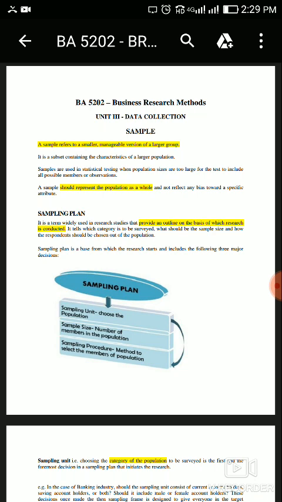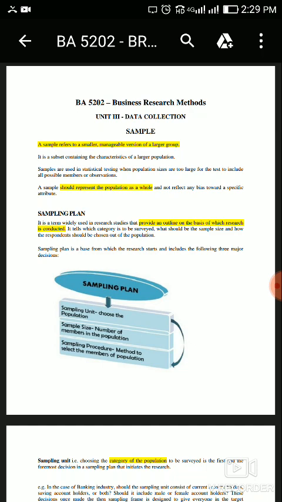Before entering into discussing these three areas, first we see what a sample is. A sample is a part of a total population. Why do we prefer to take a part instead of the total population?